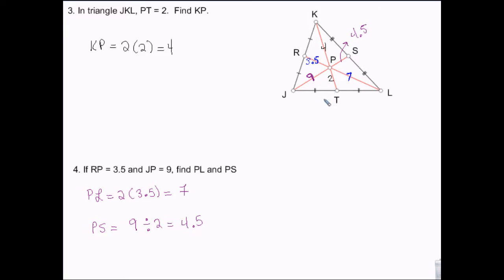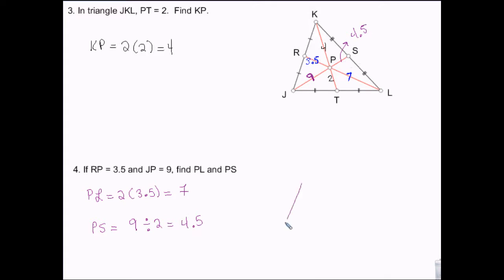I thought those lines were divided into thirds there. They are, but if I divided this in half again, it would be 4.5, 4.5, 4.5. 3 equal parts. Does that make sense? I thought PS was supposed to be 1/3 of JP. No, PS is 1/3 of JS. Oh, okay. It's 1/3 of the whole thing. Yeah.